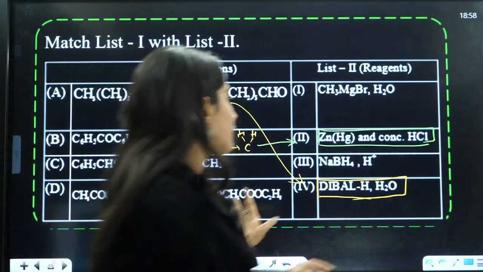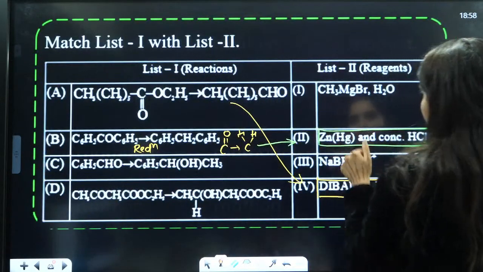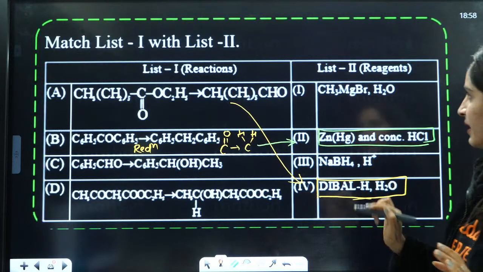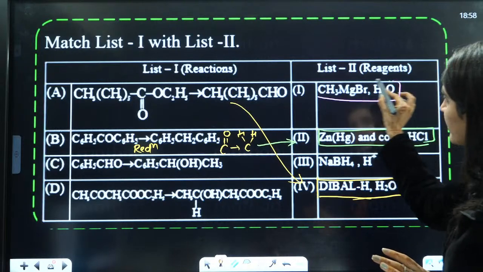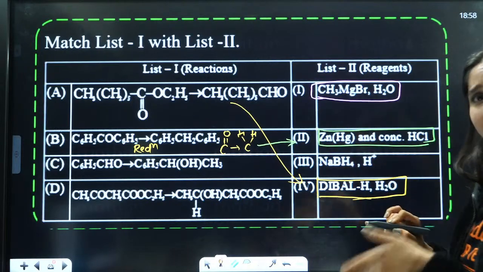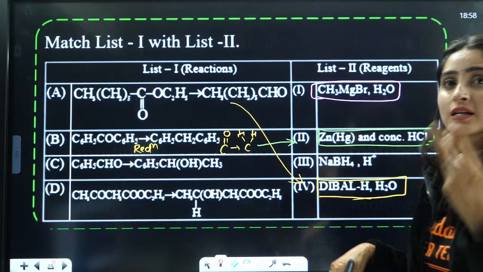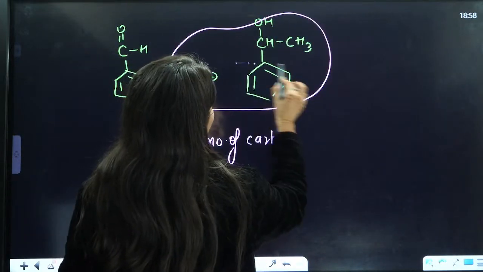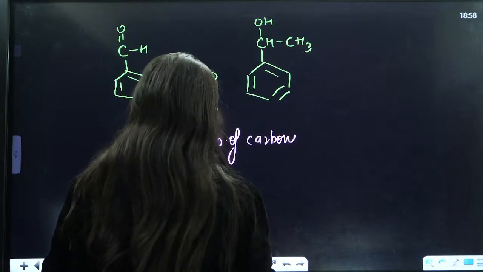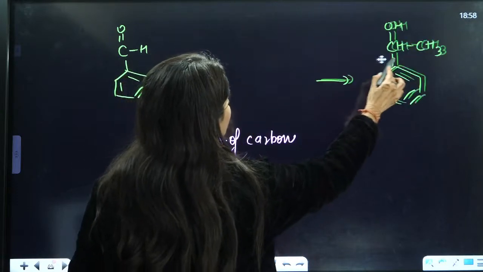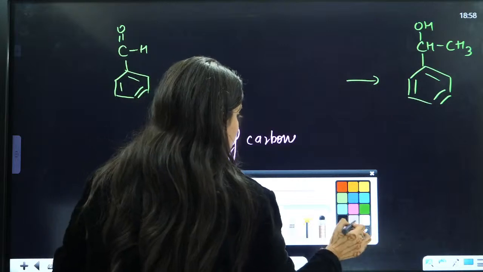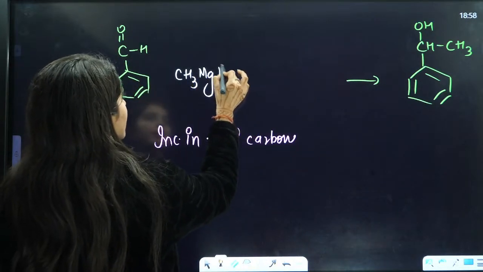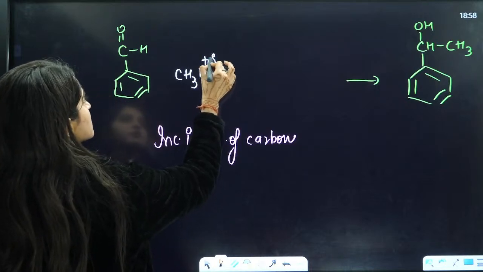So the options we are left with are NaBH4 and CH3MgBr. Definitely reduction is happening, and if you have any Grignard reagent, it is going to increase the number of carbons. How? If you use CH3MgBr, this is positive, this is negative.